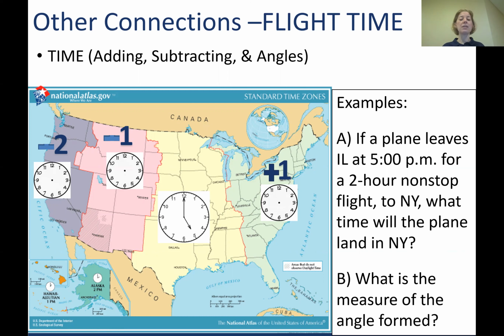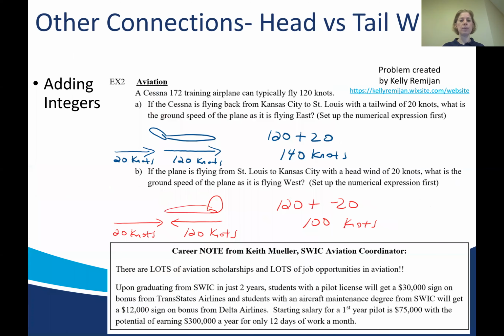This flight time has to do with flight dispatchers, air traffic controllers, people that are in the control center, making sure that planes are leaving and arriving at the time that they should, or inquiring about what's happening that's causing these planes to not arrive at the time that they're scheduled to.